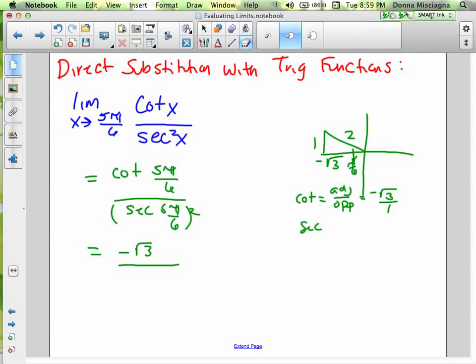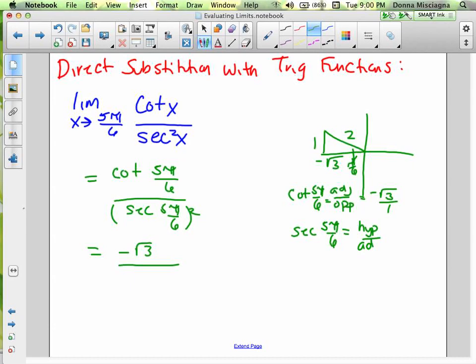Shouldn't write cotangent equals. Got to take cotangent of an angle. Even though you know what I meant, I should really say cotangent 5 pi over 6. And then we have secant 5 pi over 6. So inverse of cosine, that's going to be hypotenuse divided by adjacent.